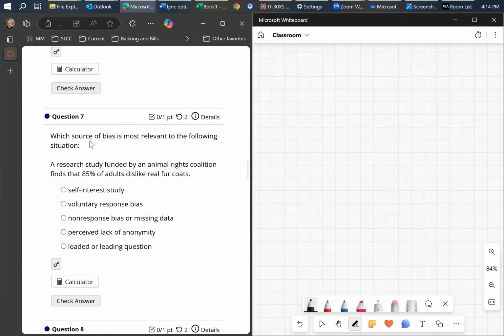Here's another one. Which source of bias is most relevant for this situation? A research study funded by Animal Rights Coalition finds that 85% of adults dislike real fur coats. So if they talk about who funded the study, that's a good chance to see if there's any kind of bias in the study. A self-interest study is a study that's funded by someone, and the results of that study make that someone look good.